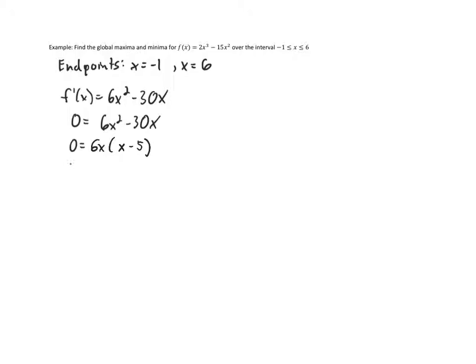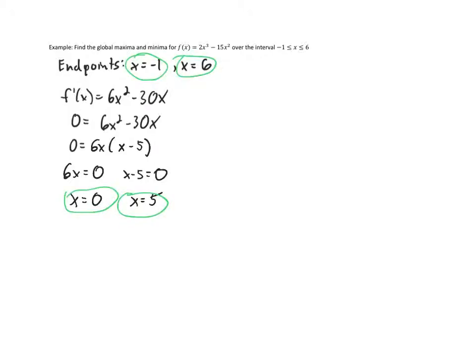And then setting each of those equal to 0, x equals 0 and x equals 5. So there are 4 possibilities: 1, 2, 3, 4 possibilities for where the function could have its greatest or least value.